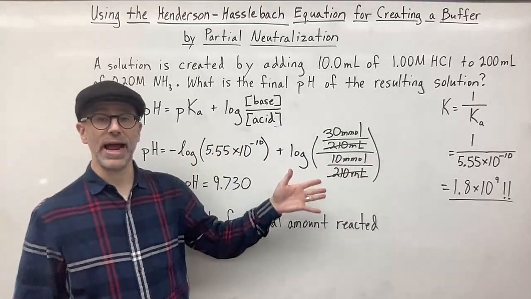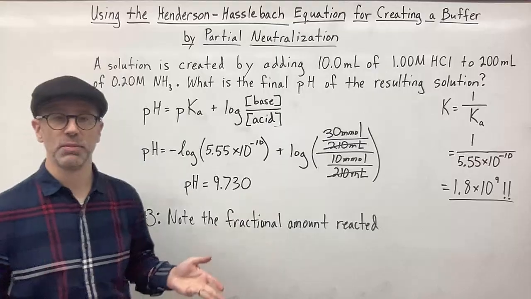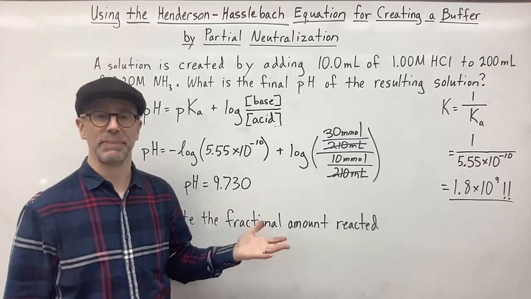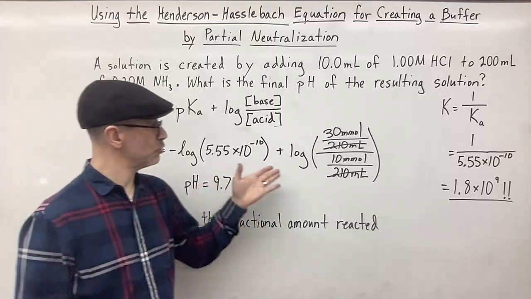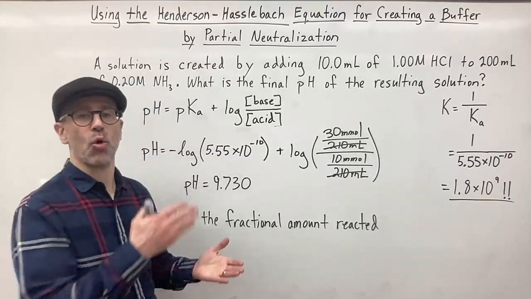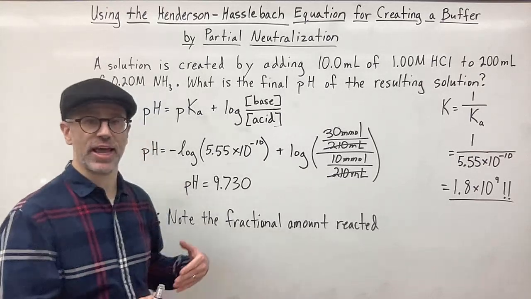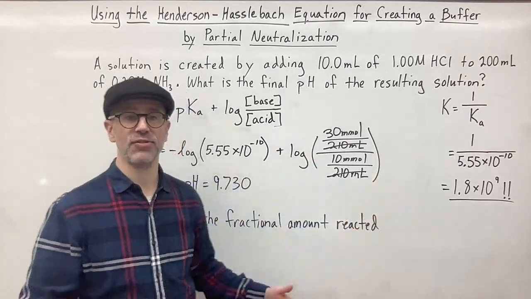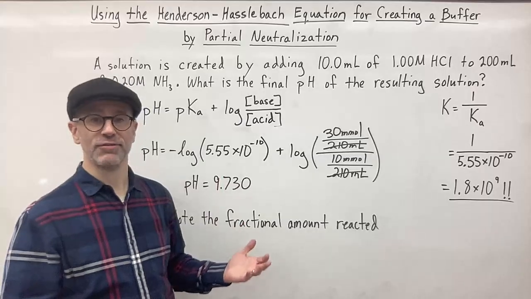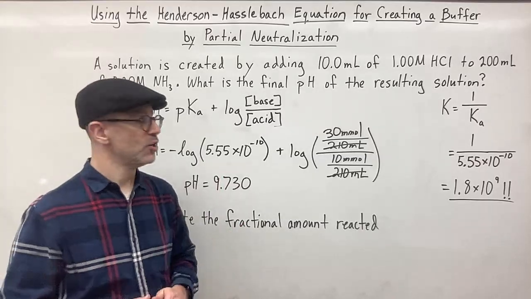So when we reacted 10 millimoles of the strong acid with 40 millimoles of the weak base, we reacted 1/4 of the original amount. So 1/4 of the original amount reacted to create the conjugate base, and you had 3/4 left over, so you can just use the fractional amount.